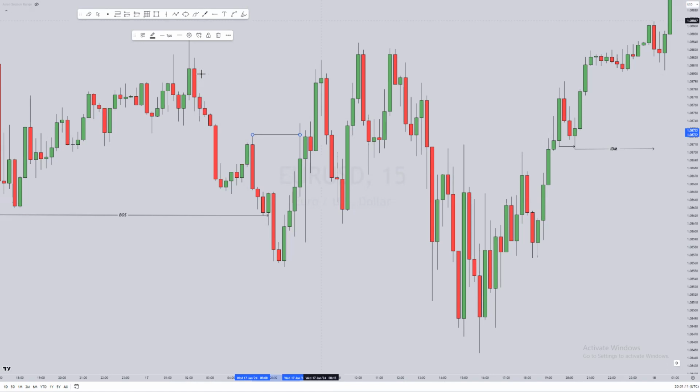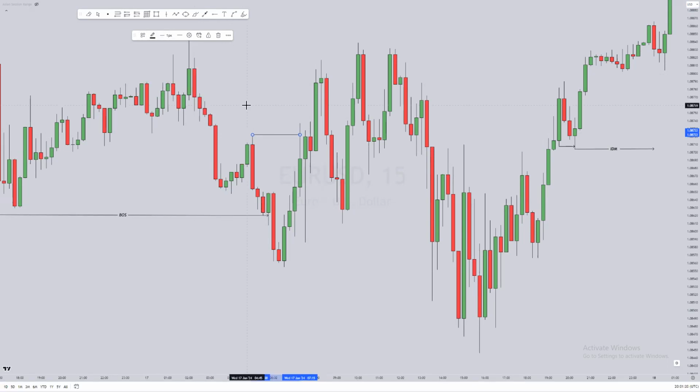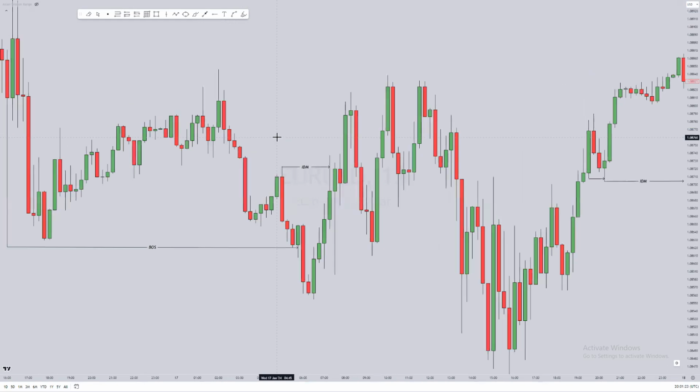So at this point, guys, after you mark out your inducement, the next thing for you to do right now is to look out for your POI to sell from. Now, speaking of POI, we have to look out for an unmitigated POI. And now we're still going to talk about using the shadows for POI.